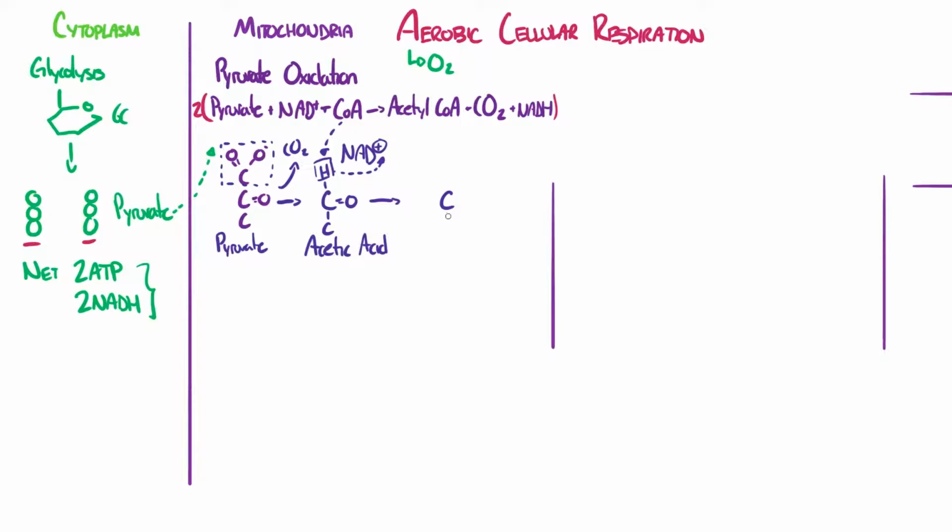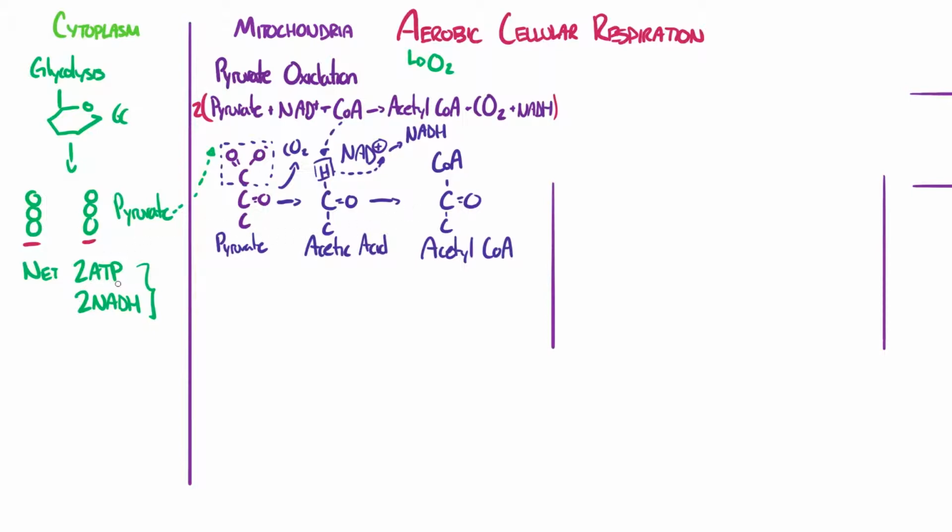So now we have our 2-carbon compound with a coenzyme A group attached to it. This is our acetyl-CoA. So when we pick up that hydrogen, that's going to become our NADH.